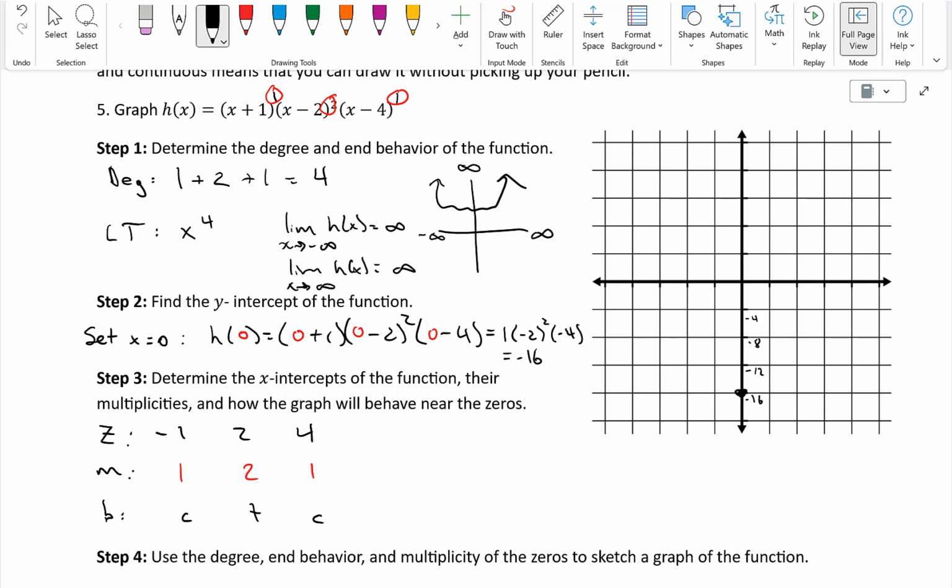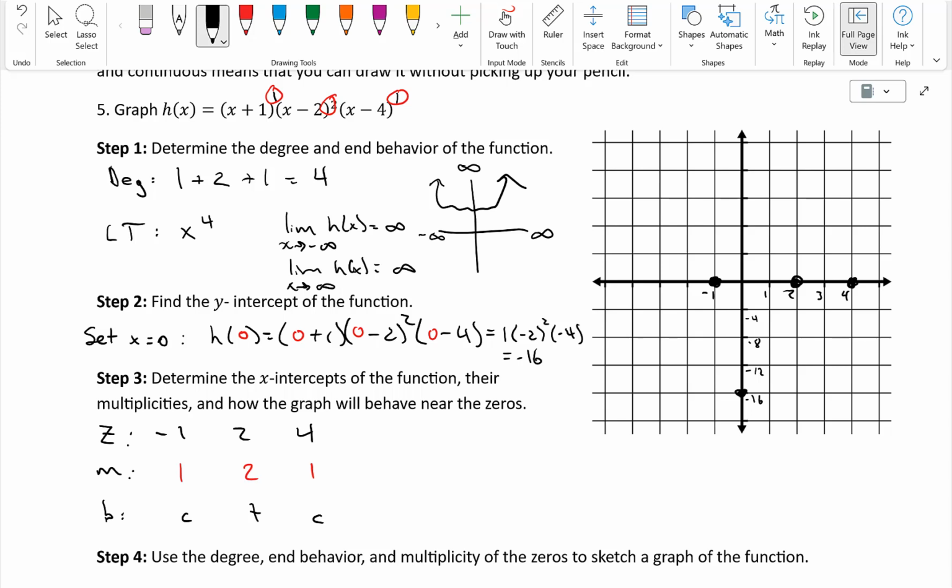So we can go by 1s on the x-axis to make that easy to see. Negative 1, 1, 2, 3, 4. We're going to cross at negative 1, 2, and 4, or we have x-intercepts of negative 1, 2, and 4.